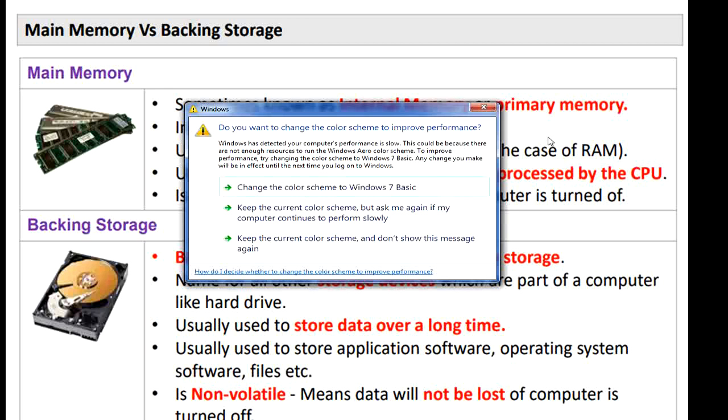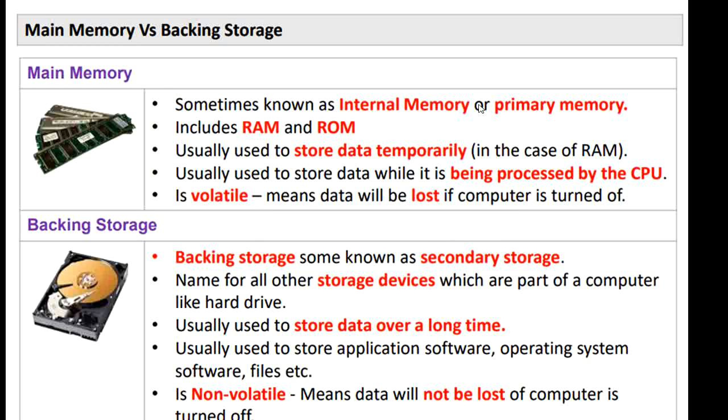If you are, for example, working on Word and typing, what you are doing will be saved to the RAM, okay? Once you decide to save your document, it will be saved, for example, to a flash memory, to a CD, or on the hard disk.